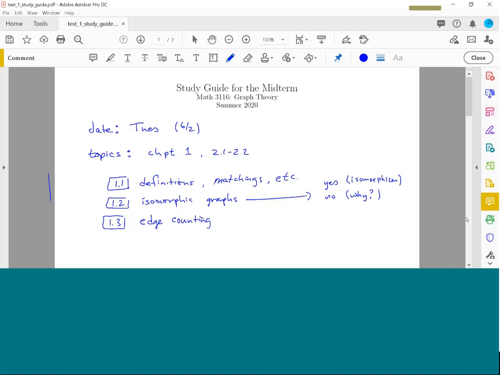Or if you know how many edges are in a graph, maybe you need to find how many vertices are in the graph. So we had several different examples dealing with that in section 1.3, and you had a couple of your Canvas quizzes, one or two of them, that dealt with that section 1.3 stuff in the past.